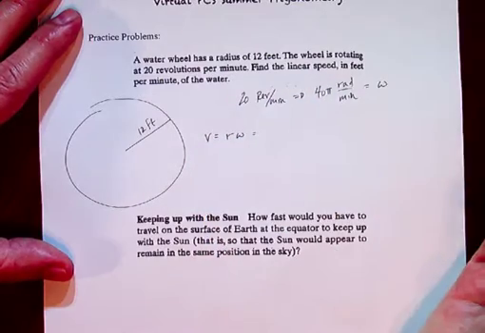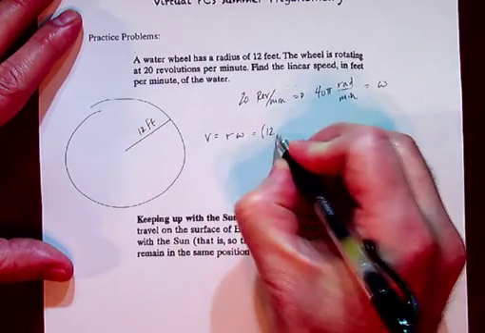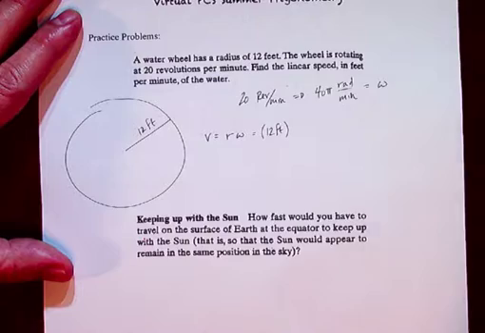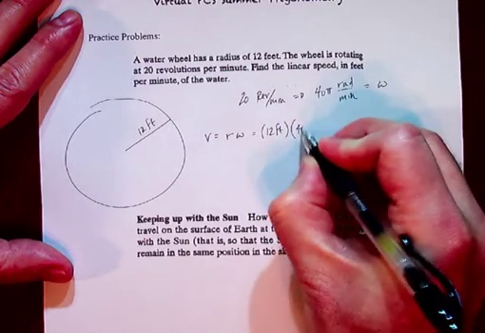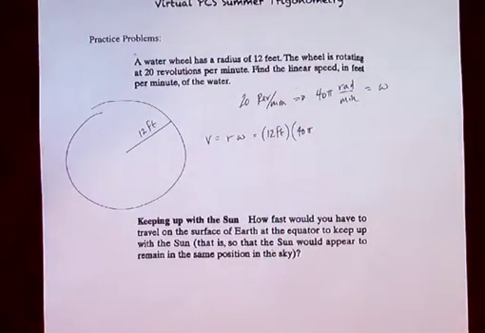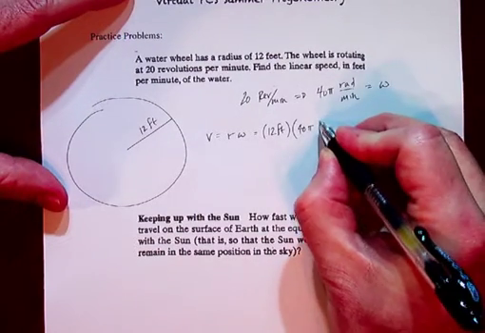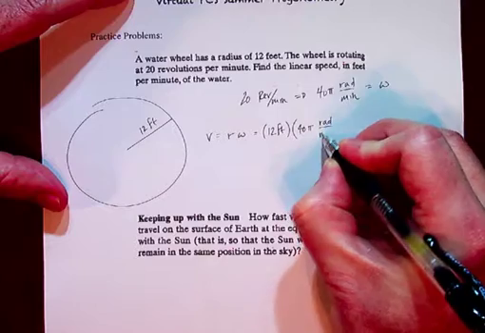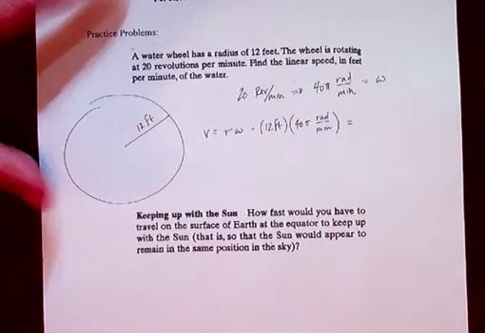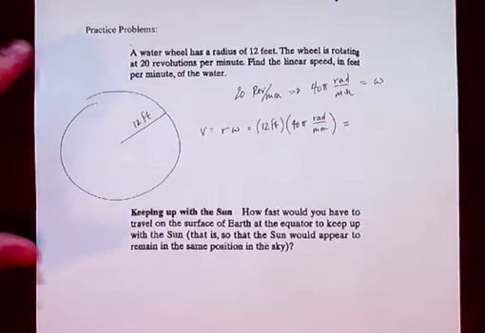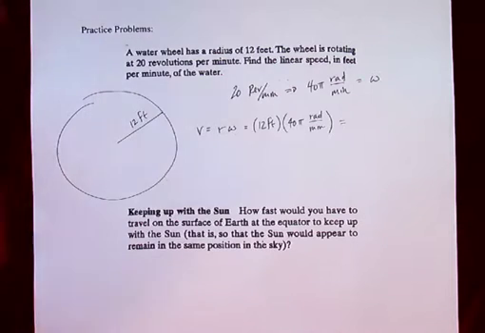My radius, I've already been told, is 12 feet. And now I figured out that my omega, simply by converting revolutions into a radian measurement, is 40 pi radians per minute. And again, we're going to see radians disappear as a unit once we've done our multiplication.